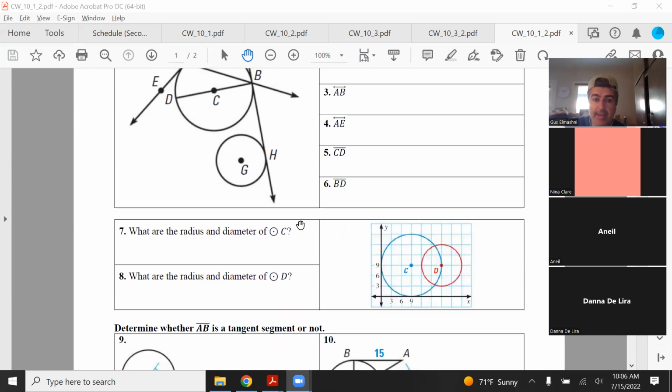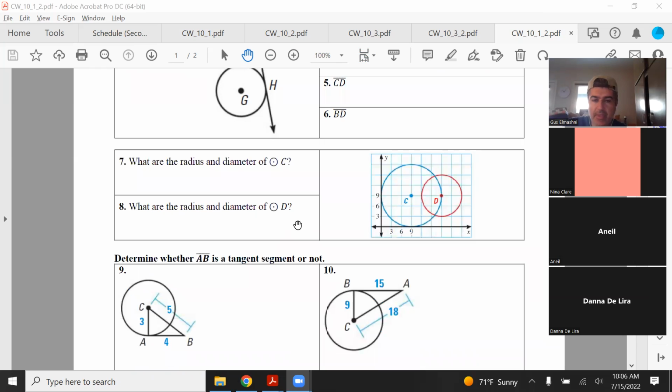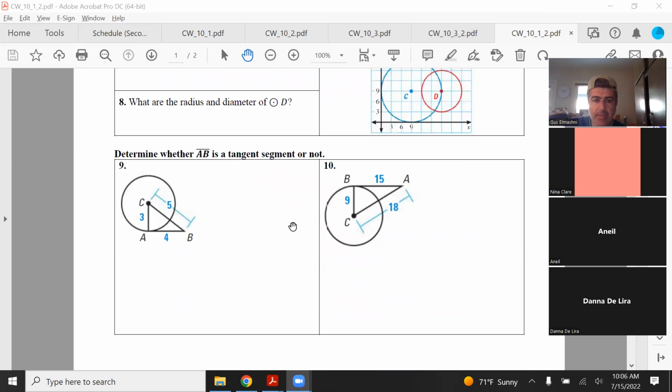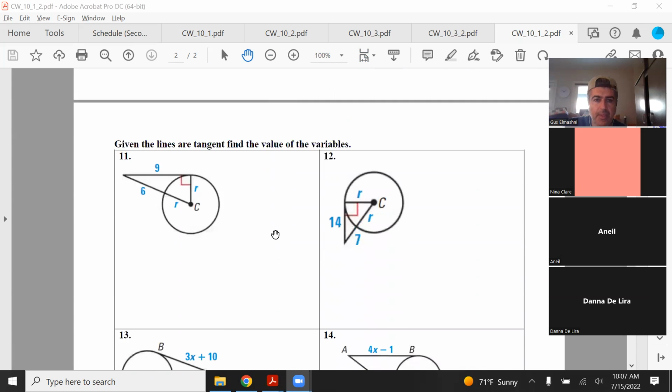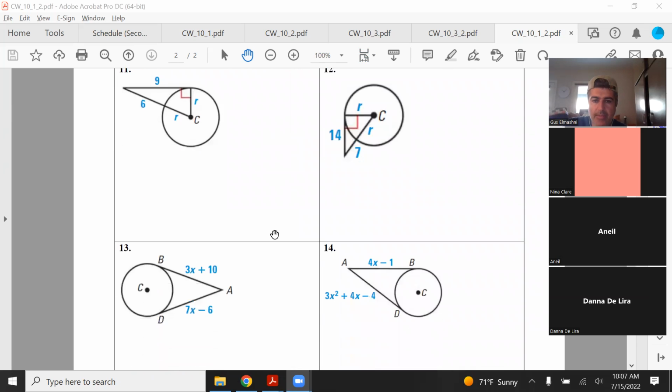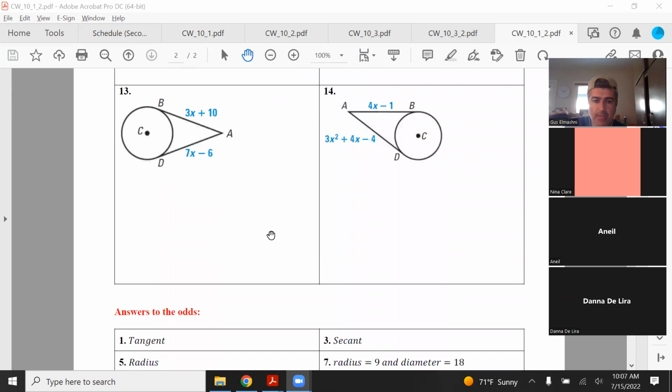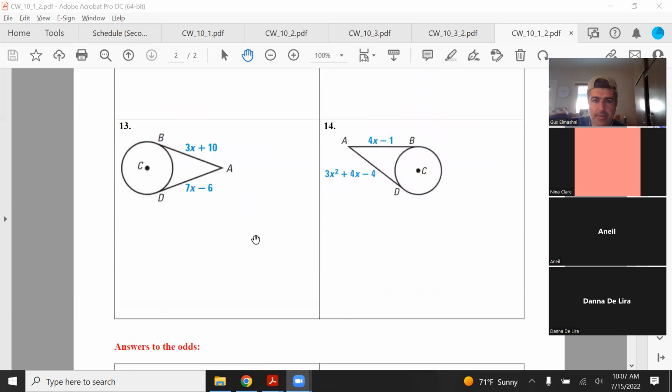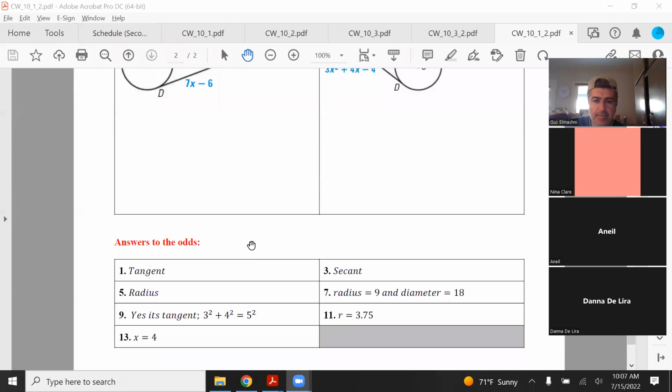The notes, we just did that. Give the length of the radius and diameter for number 7 and 8. Determine whether it's a tangent, just doing the Pythagorean theorem. Solving for r for 11 and 12. And 13 and 14 solving for x. And you have all the odds.